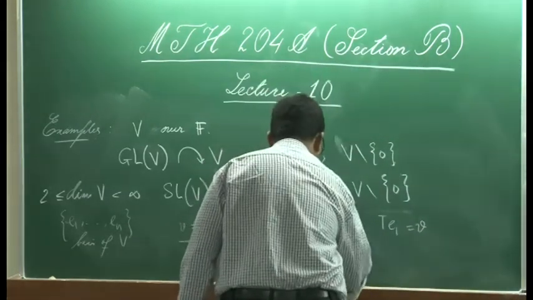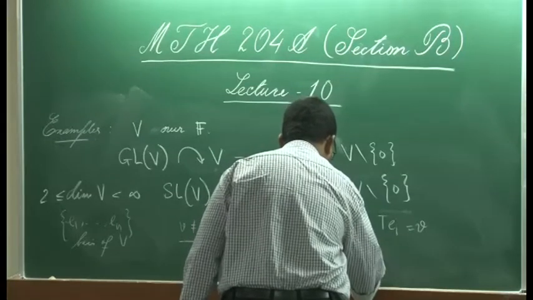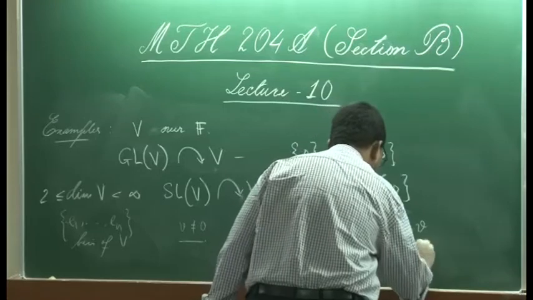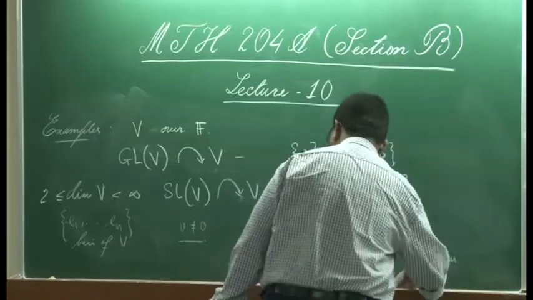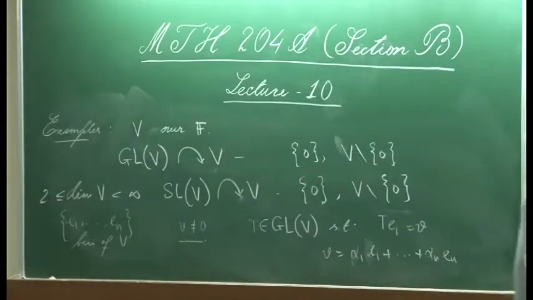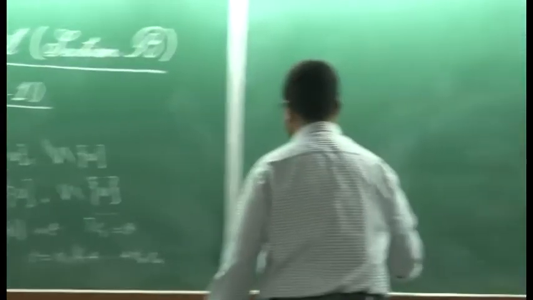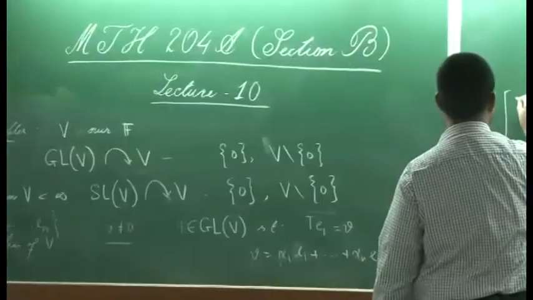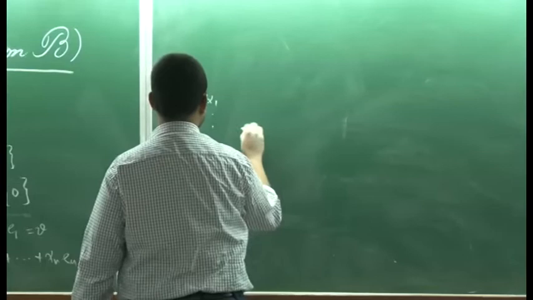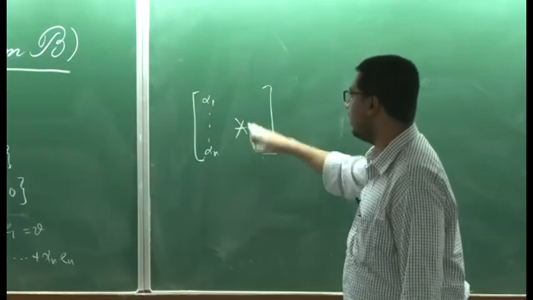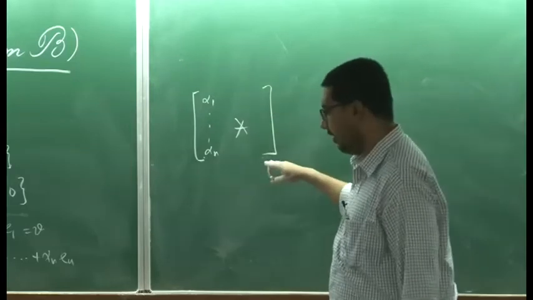If v is nothing but, let us say, alpha 1 e1 plus up to alpha n en, then the matrix of T with respect to this ordered basis has the first column alpha 1 up to alpha n. There might be something else which I do not care about, but the important part is this is an invertible matrix.